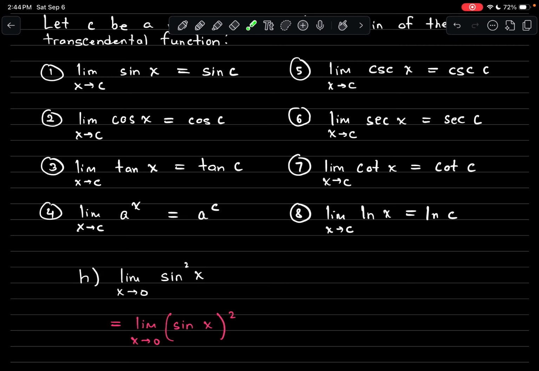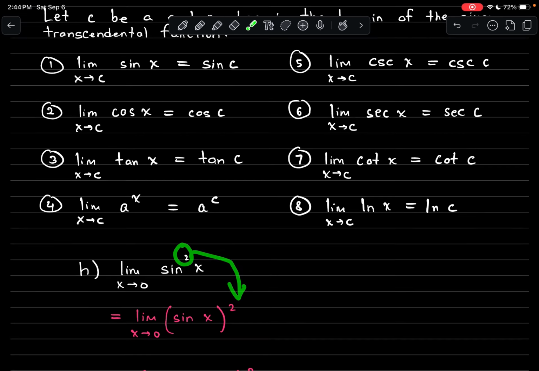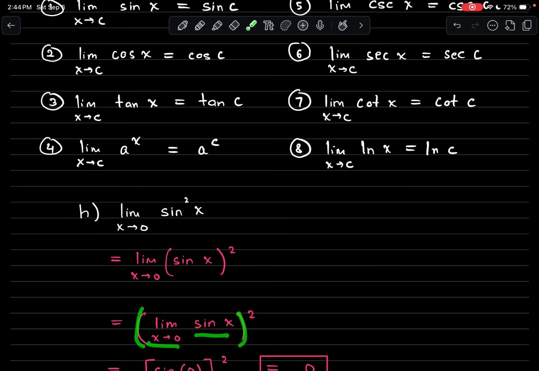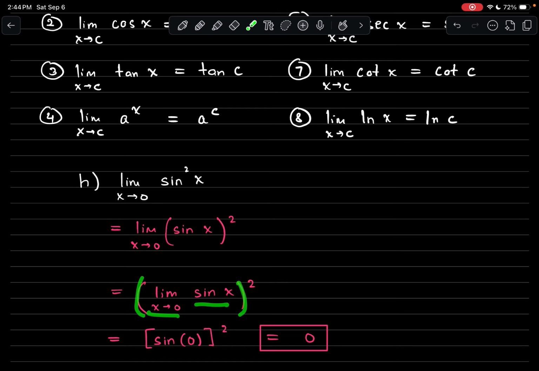Okay, so we're seeing this as a power. We're considering this now the power of the limit of sine of x. And then we're going to go ahead and apply rule number 1 for our transcendental functions. We're just going to directly substitute 0 in for x. So sine of 0 squared is going to be 0.